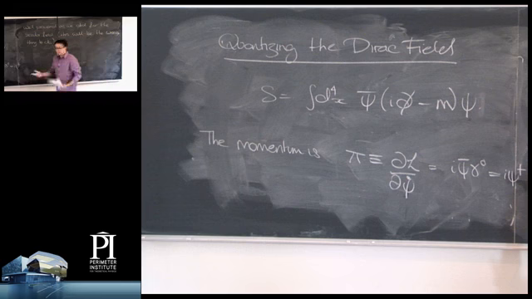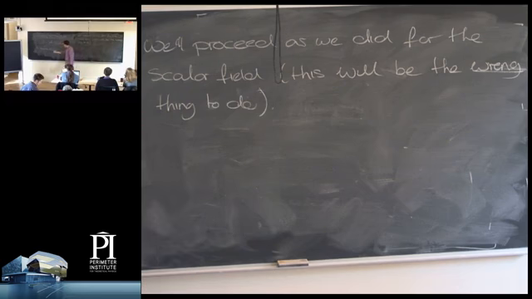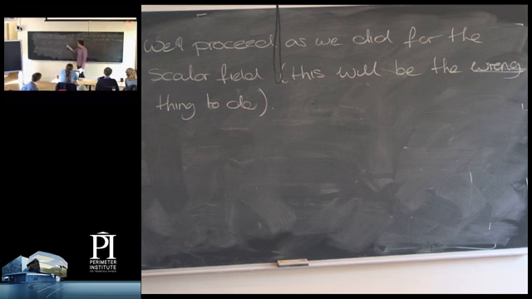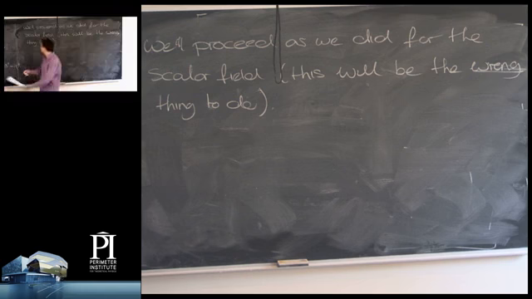Okay, so what do we do for the scalar field? We have a field, which is a function of space and time, and we have a momentum, which is a function of space and time. And what we did for the scalar field was we imposed canonical commutation relations between position and momentum, field and itself. We first are going to work in the Schrödinger picture instead of the Heisenberg picture. So now in the quantum theory, psi and pi become functions just of space and not of space-time. We'll go to the Heisenberg picture later.